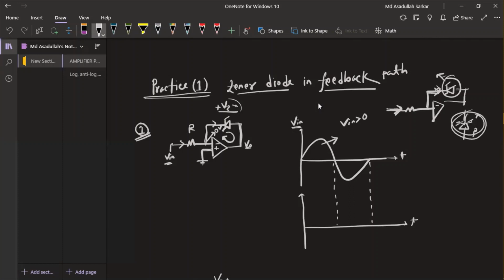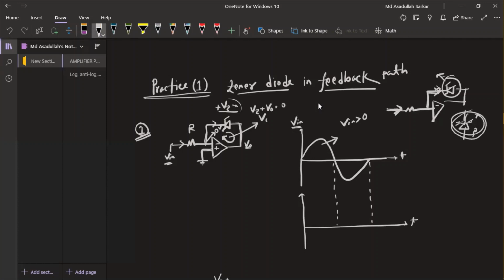So we have to apply a loop. Then we will find that Vz plus V out equals 0.